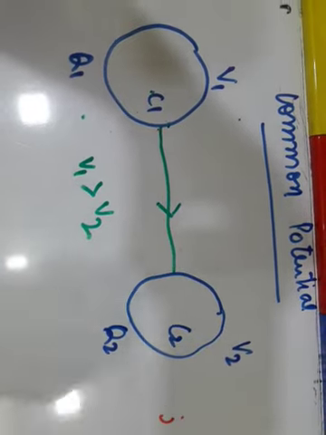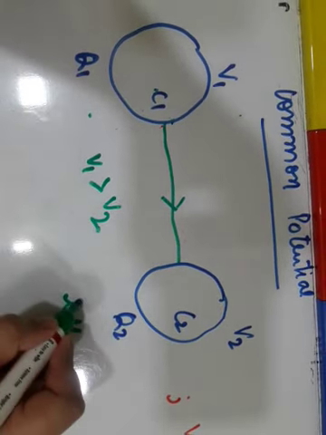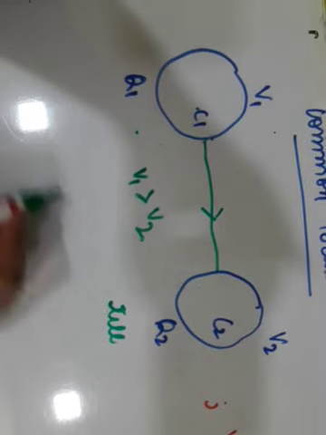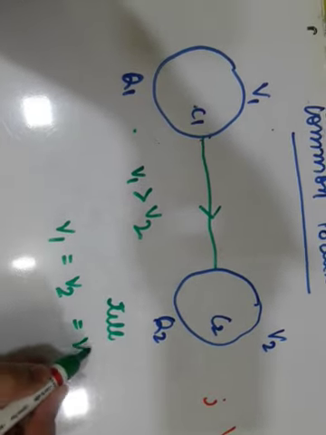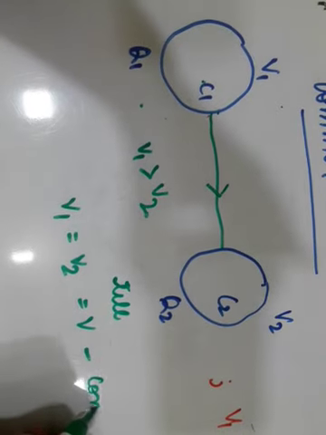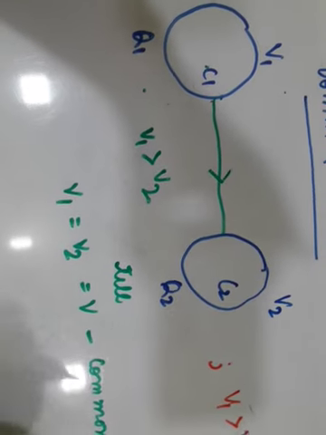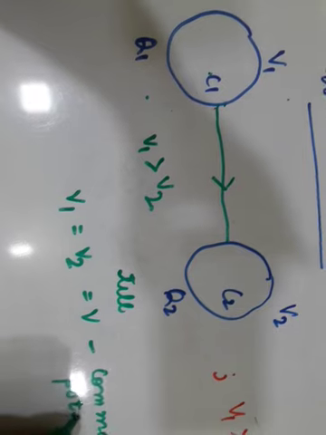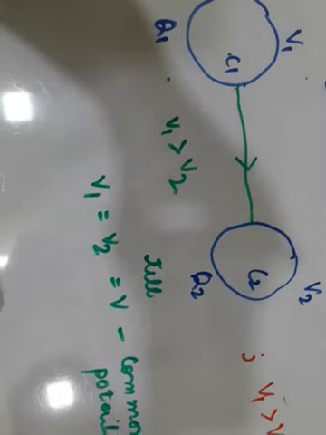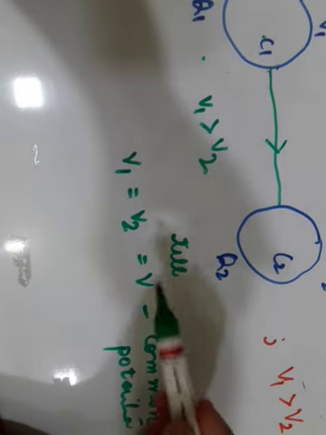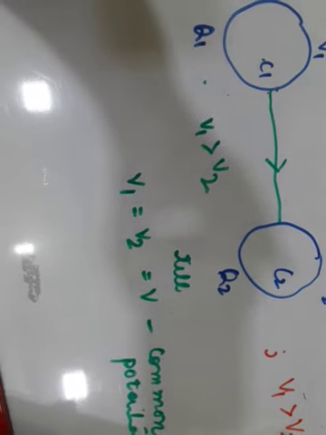Till कब तक ये flow करेगा, till I have a condition कि V1 becomes equal to V2, that is V जिसको हम बोलेंगे common. ऐसा नहीं है ये खाली हो जाएगा, ऐसा नहीं है दूसरा बहुत ज़्यादा भर जाएगा. These all things will happen till they both acquire the same potential.